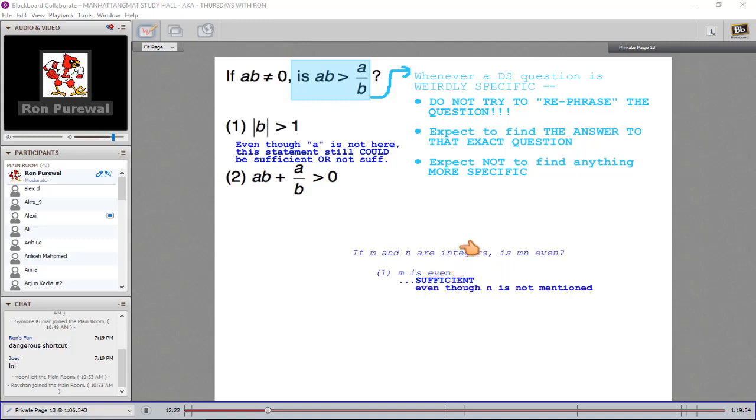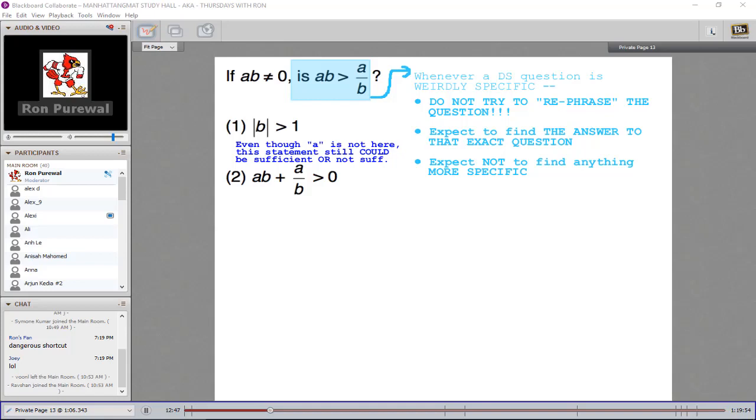If you knew this and you knew these things were integers, then you would be guaranteed that MN would be even. So if you looked at statement 1 and just thought I can automatically say that's not sufficient, that's not right. As it turns out, statement 1 is not sufficient, but you actually have to prove that. You actually have to work through it and show that's the case.